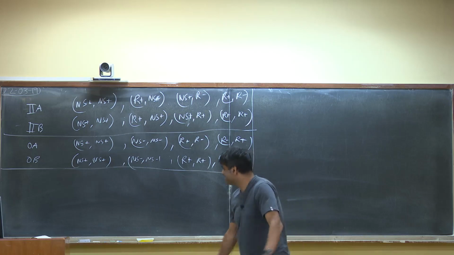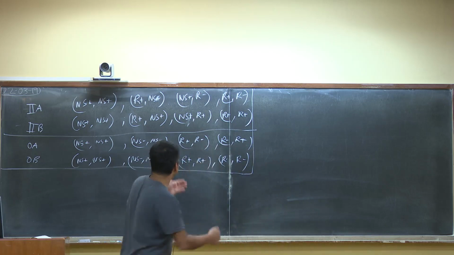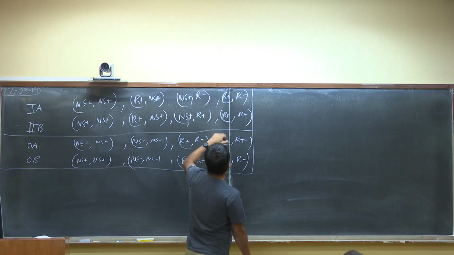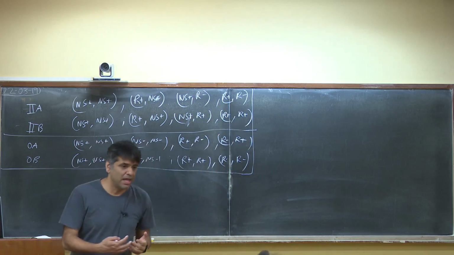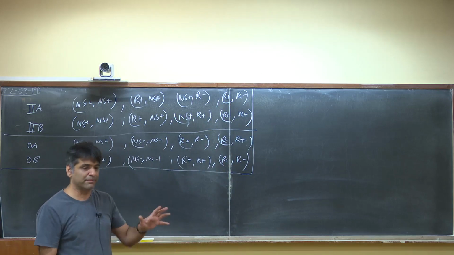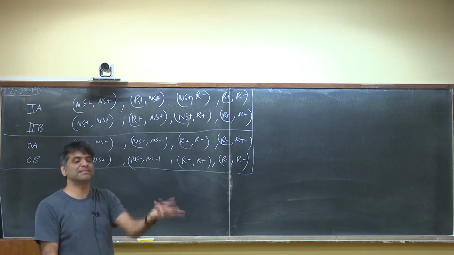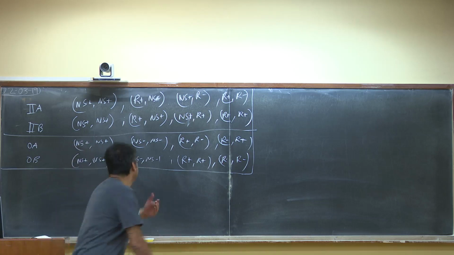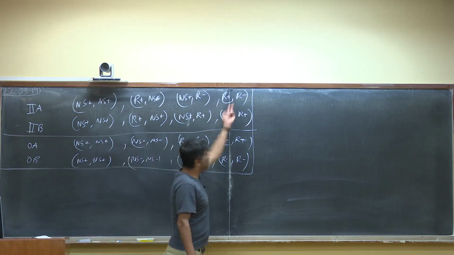As we will see in more detail, in the R plus R minus sector, the space-time spectrum will clearly not be invariant under interchange of plus and minus. So this whole spectrum will not be invariant. On the other hand, this one will be.